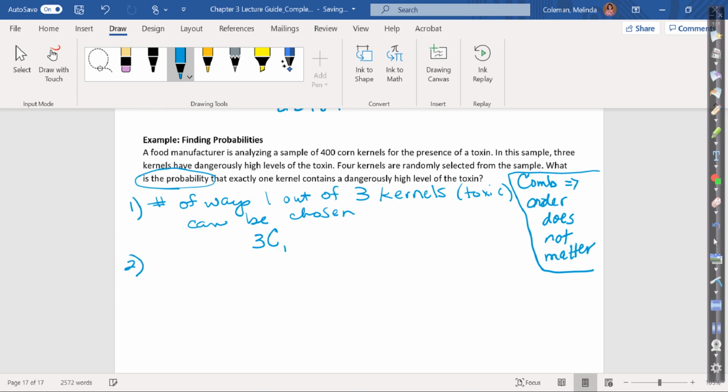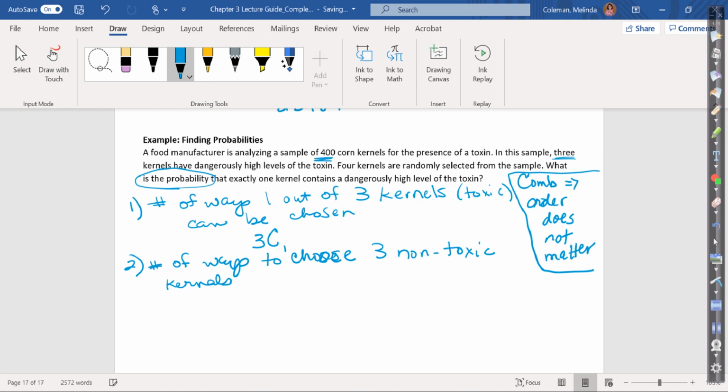Number 2 is going to be the number of ways to choose 3 non-toxic kernels. Well, there are 3 toxic kernels out of a sample of 400.